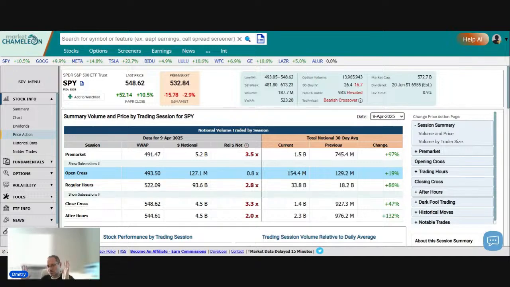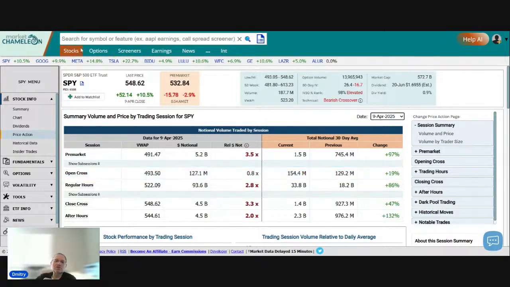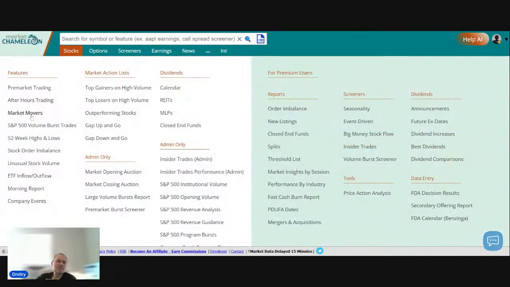All right. Now I'm going to look for clues. Was it like a lot of retail customers just entering orders yesterday to buy mutual funds, for example, right? So we should see a lot of market on close buying balances there. So let's just take a look at that. I'm going to go over here, stocks, and we're going to hit stock order imbalance.